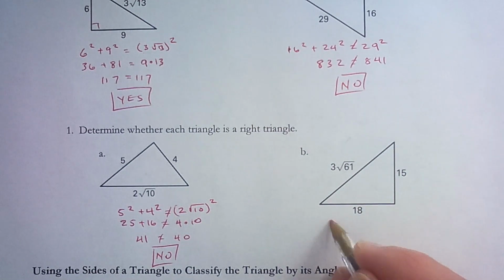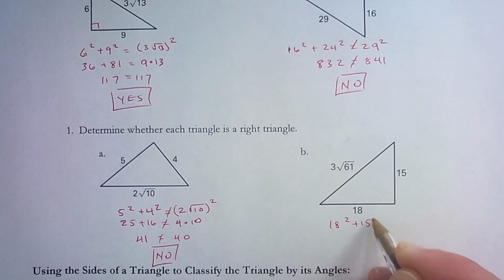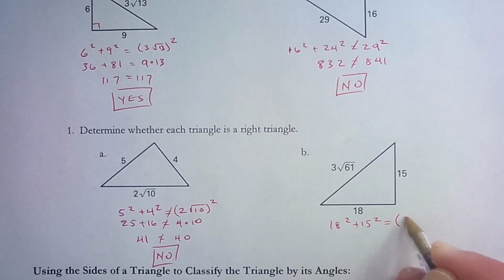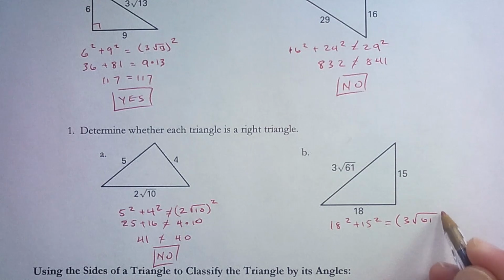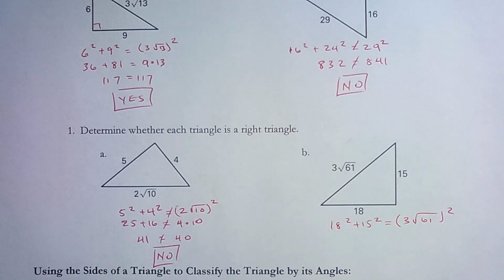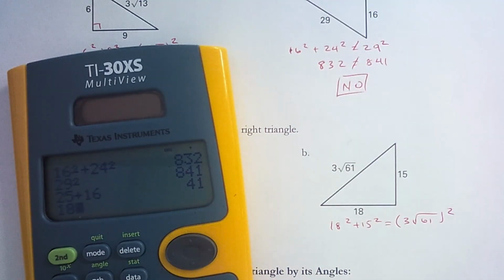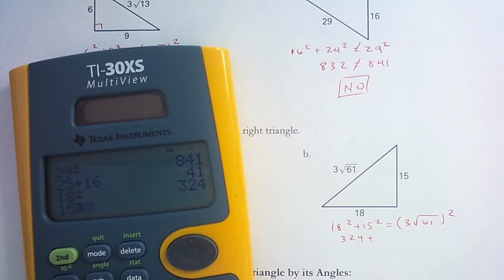Okay, so how about this one? 18 squared plus 15 squared equals 3 times the square root of 61 squared. Okay, so 18 squared, that's 324. 15 squared is 225. Okay, 3 squared is 9.